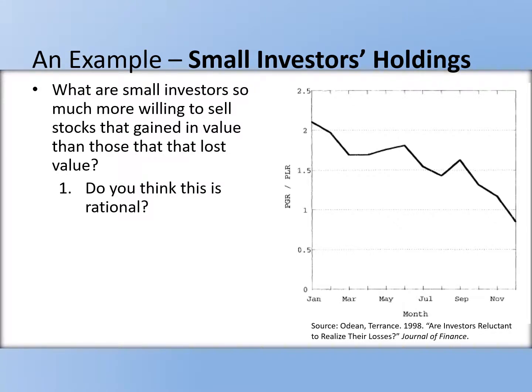If you're rational, you should be moving money out of losing assets and into gaining assets, right? If I tell you one has 10% return, one has 5% return, or perhaps I even tell you one has 10% return, the other one has negative 5% return, right? Once you figure out which one is the negative 5% one, you would obviously switch money out of that one into the one with a high return.